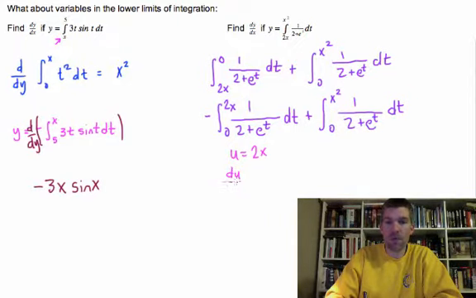Basically what I'm going to do is multiply my integral by the derivative of 2x, which would be not du, it would be du dx, which is equal to 2. And on this other side, we would let u equal x squared, and so we would multiply by the derivative of that. So du dx is equal to 2x.